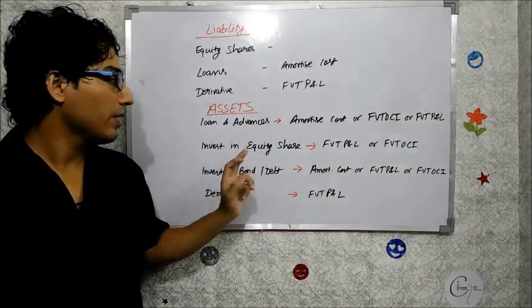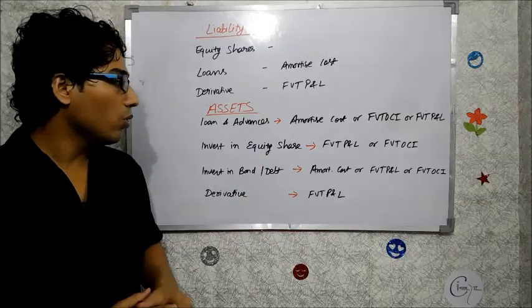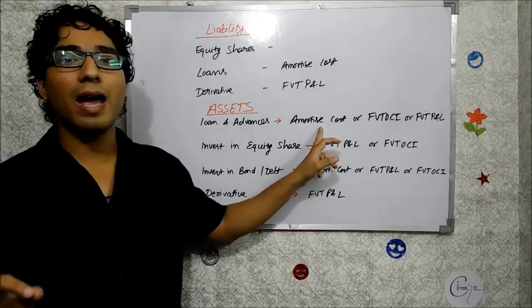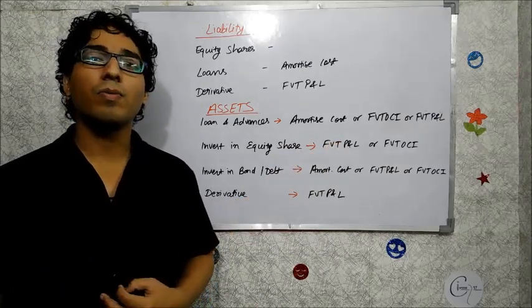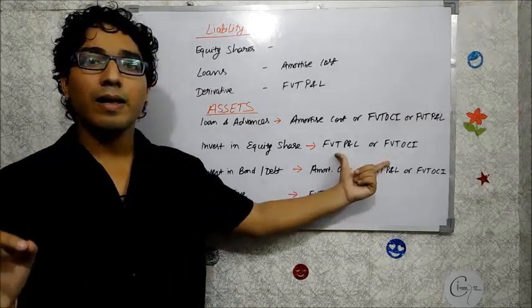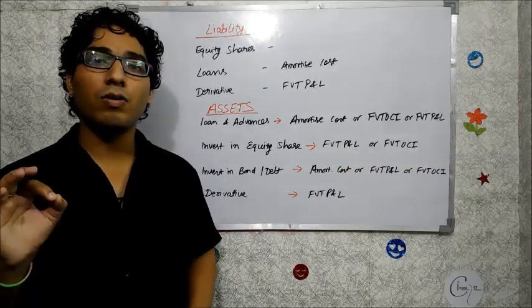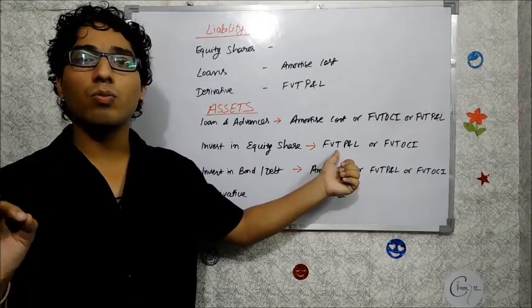Next category is the investment in equity shares. In case of investment in equity shares, amortized cost cannot happen, because in case of equity shares the contractual cash flow cannot be solely payment of interest and principal. So therefore there are two categories. If your investment in equity shares is held for trading, then recognize it at fair value through profit or loss.